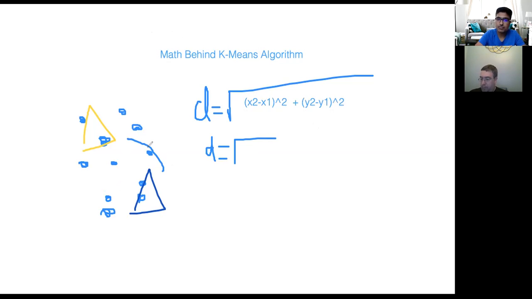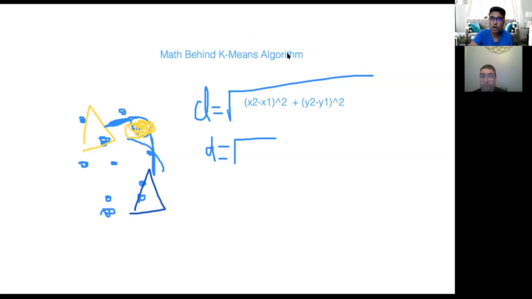So say we'll use this point right here. Obviously this point is closer to the yellow centroid, but to put it in mathematical perspective, our algorithm is going to check if the distance between this point and this centroid is smaller than the distance between this point and this centroid, then it knows that this point will, in fact, be classified as a yellow point, like such.